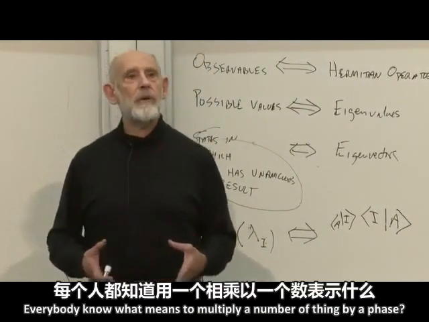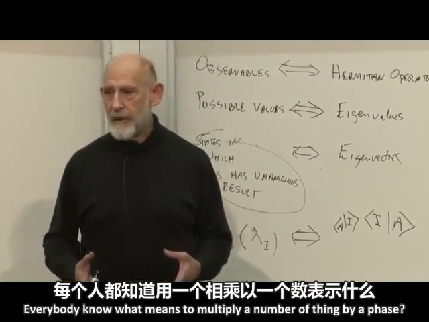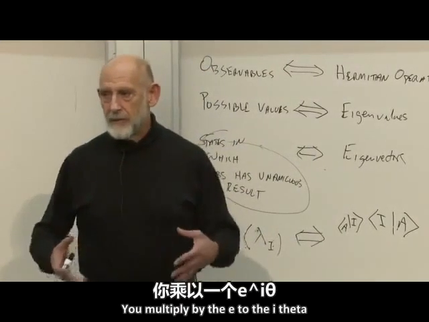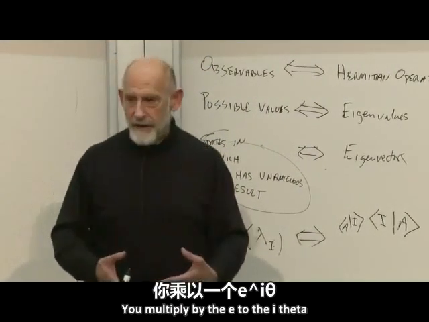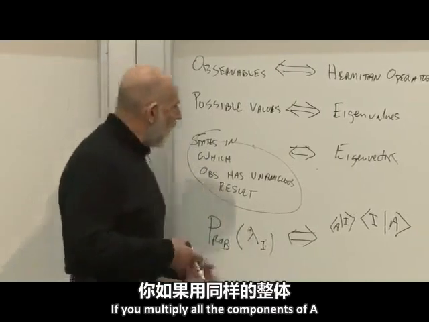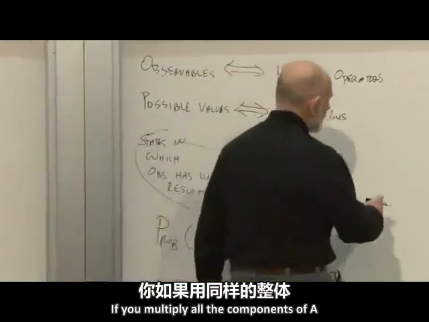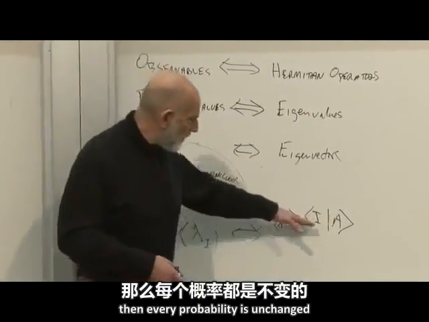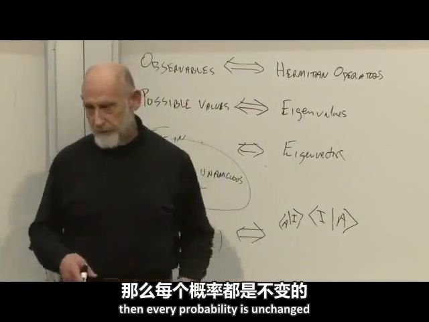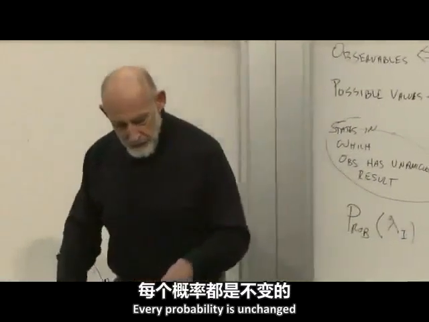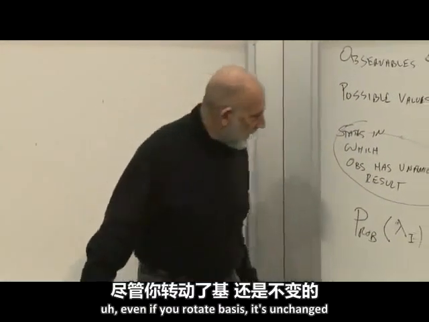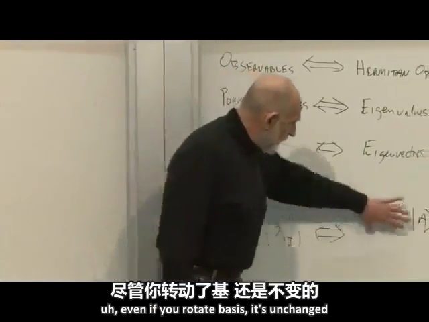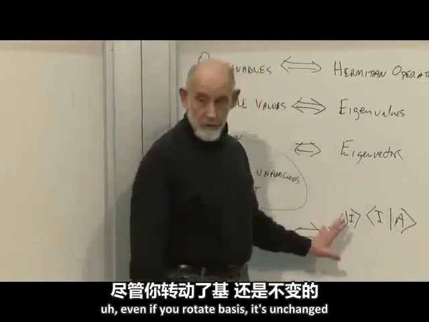Everybody know what it means to multiply a thing by a phase? You multiply it by e to the i theta. If you multiply all the components of A by the same overall phase, then every probability is unchanged. Even if you rotate bases, it's unchanged.